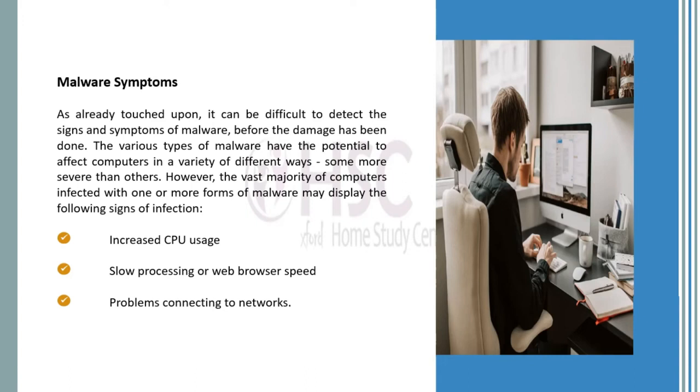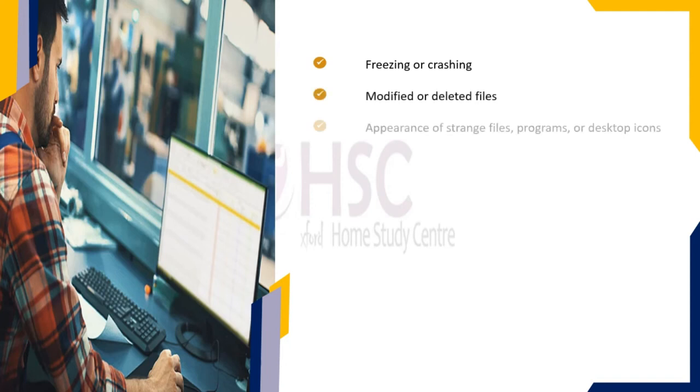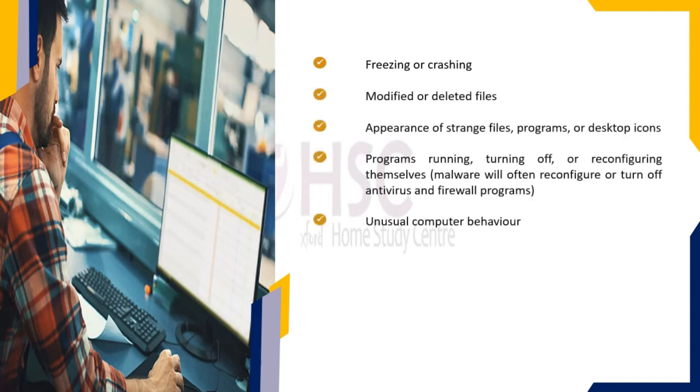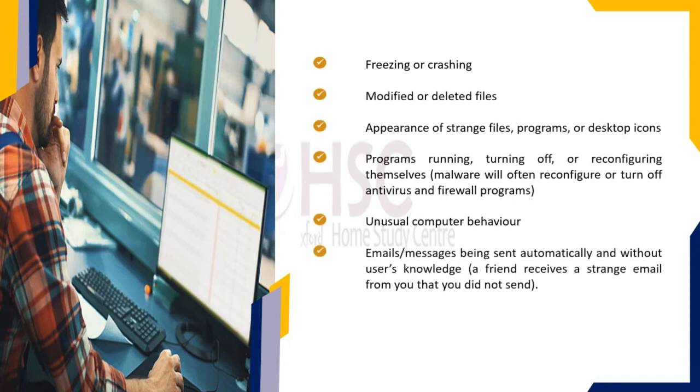However, the vast majority of computers infected with one or more forms of malware may display the following signs of infection: increased CPU usage, slow processing or web browser speed, problems connecting to networks, freezing or crashing, modified or deleted files, appearance of strange files, programs or desktop icons, programs running, turning off or reconfiguring themselves. Malware will often reconfigure or turn off antivirus and firewall programs.